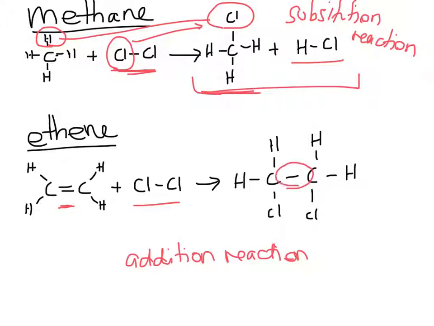The double bond between the carbon has broken, and chlorine has attached itself. Okay, so it's added itself to the molecule. And that's the process. That's what's going to make ethene or any alkene so reactive, because this double bond can be broken and any other molecule can be attached to it.